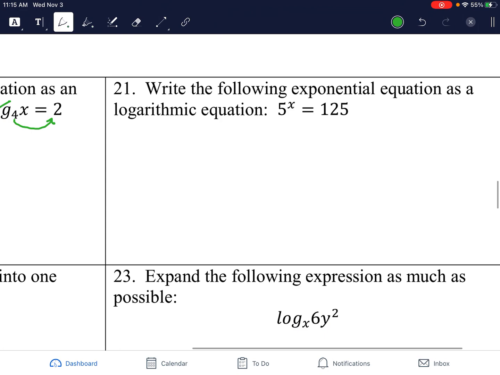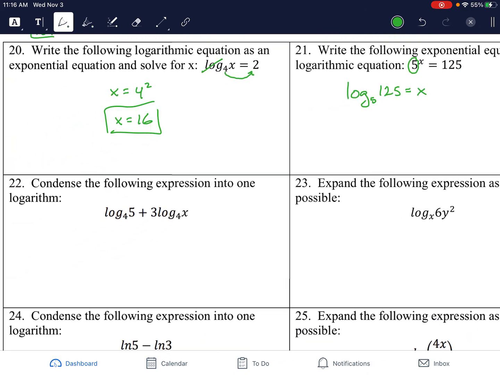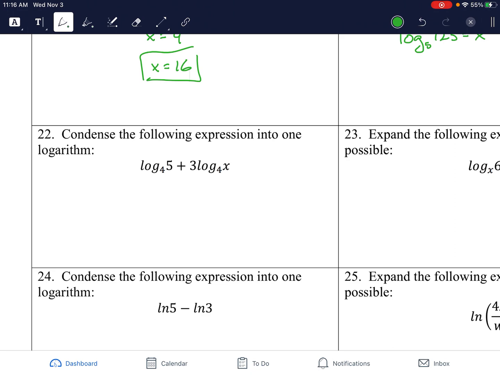I'm going to turn this into a log. This was the base of your exponent, which means it's the base of your log. 125 goes here, equals x. All right. Here we're condensing the log into one expression.